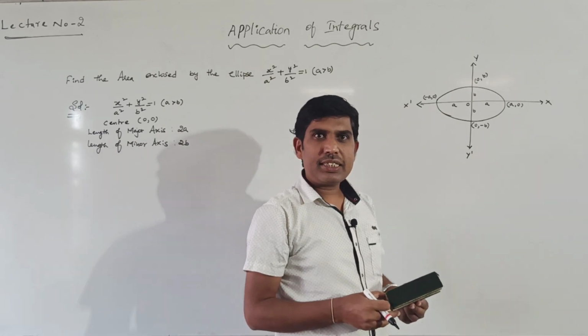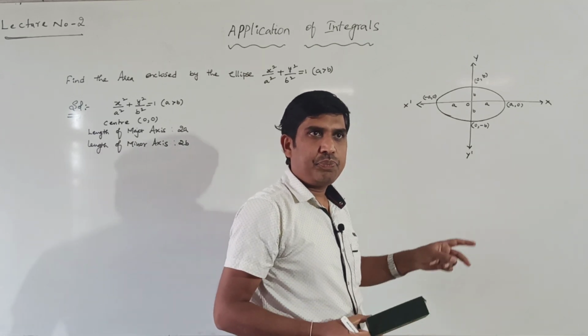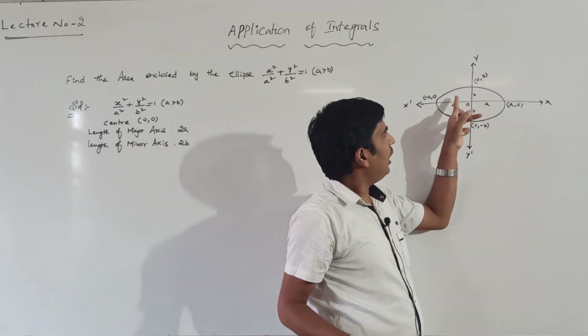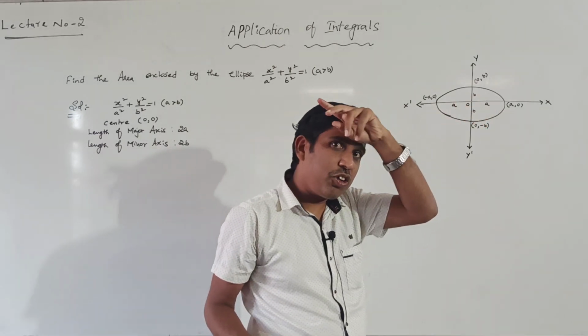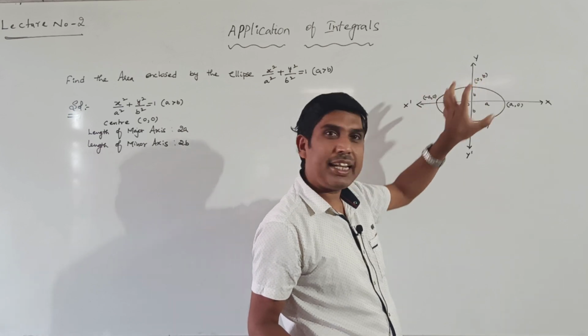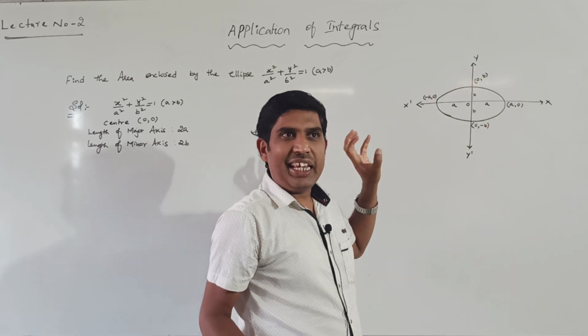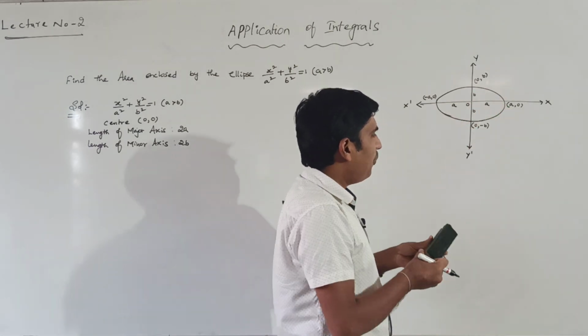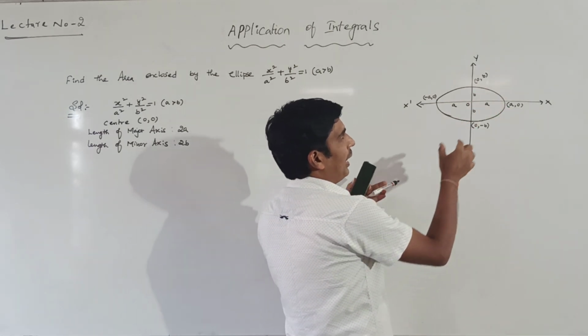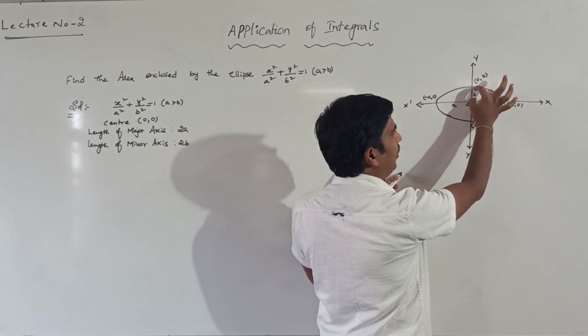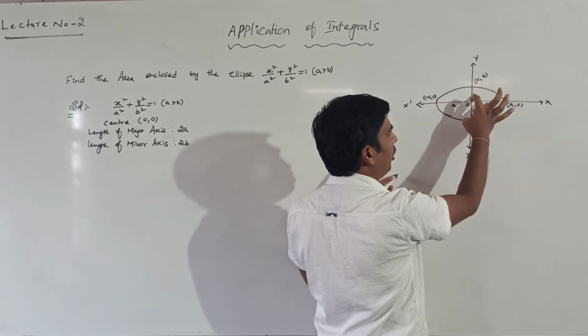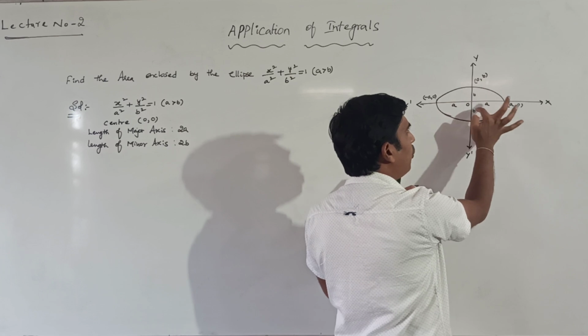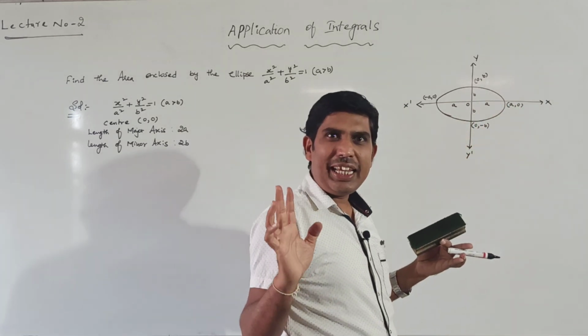Same as we discussed in area of circle, here also the total area of ellipse we have to find out. If you observe, each part having a units, b units, a unit, b unit, a unit, b unit, a unit, b unit, means that these 4 parts are equal in area.